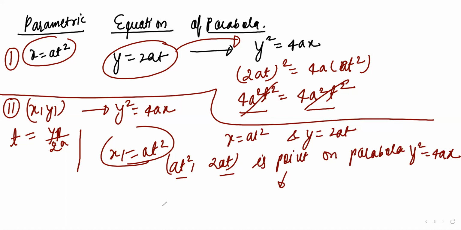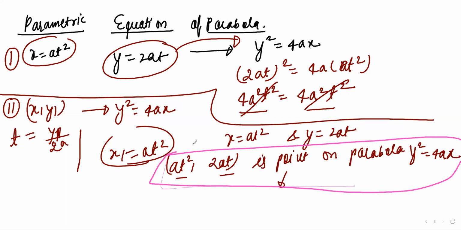So the conclusion is to remember these 2 points. This is the parametric form. Write this form, then solve example 17.